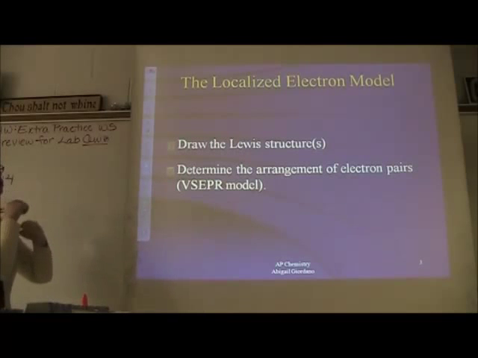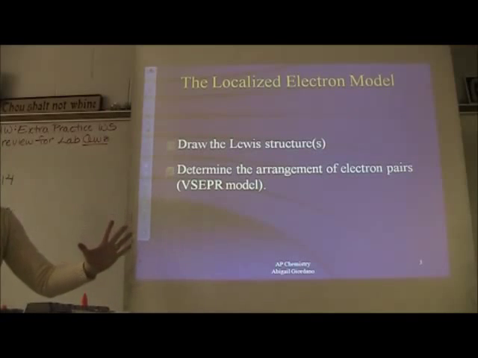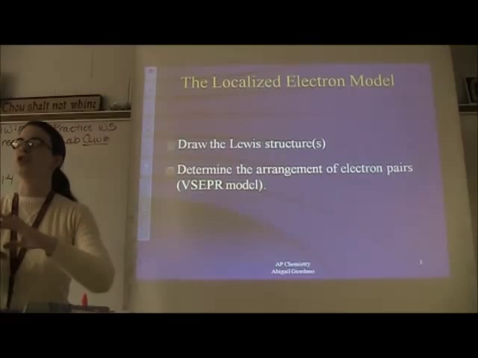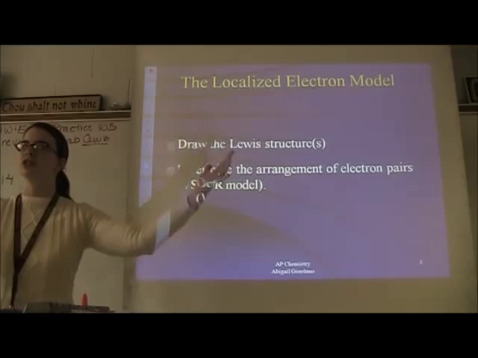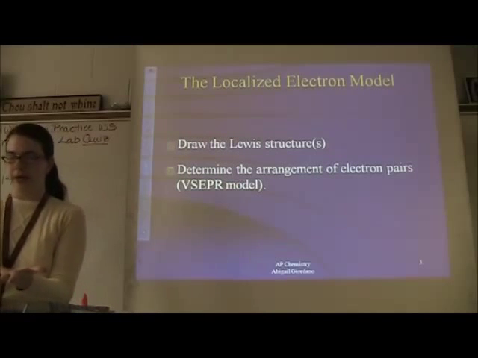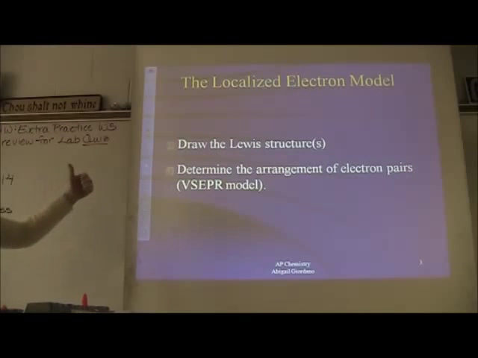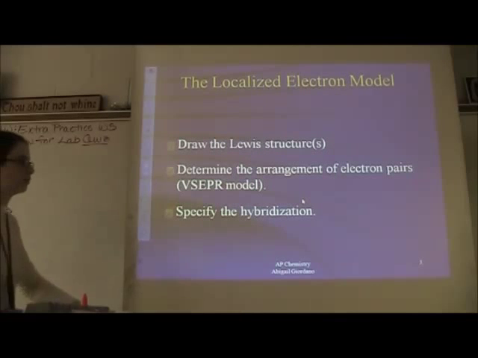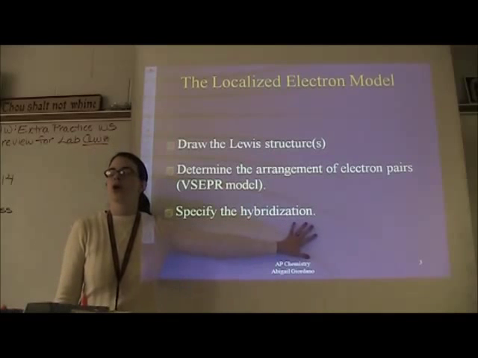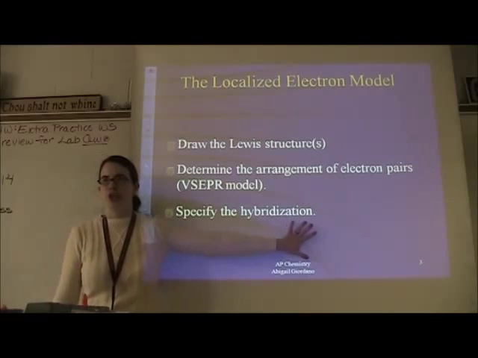But in order to complete what your textbook calls the localized electron model, which basically just means a complete description of a compound, you would need to draw it, predict its shape, and there is a third part here that we're going to talk about today on a topic called hybridization.